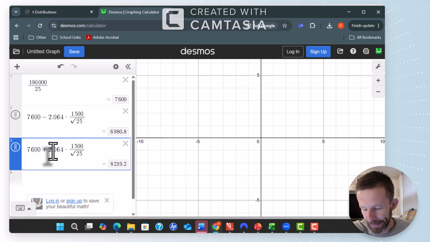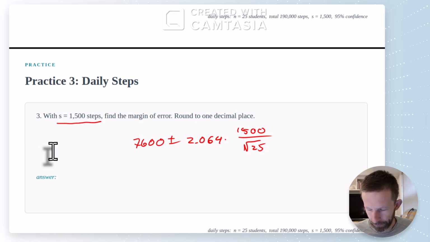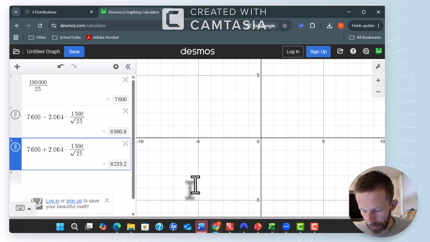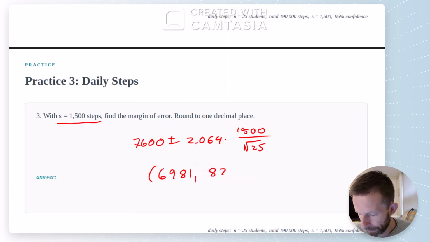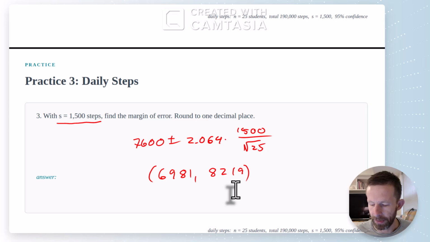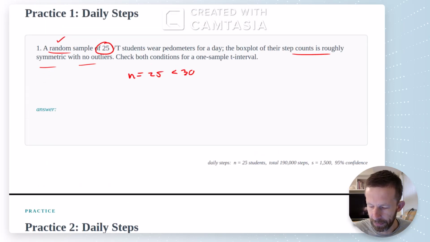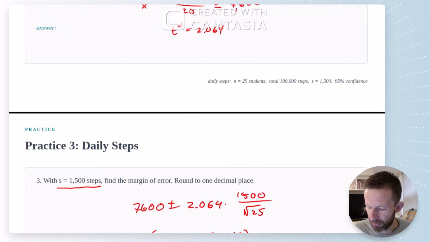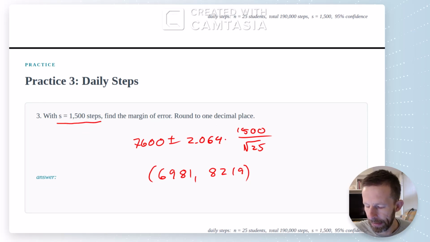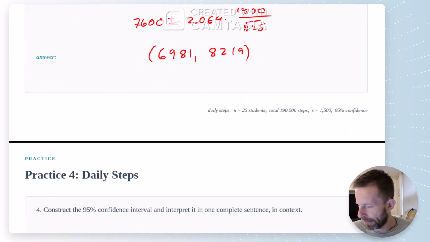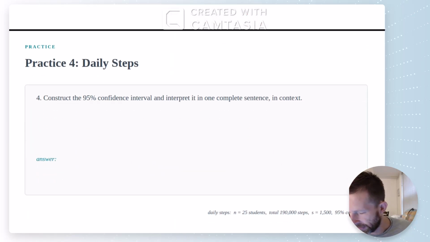So between 6981 and 8219. So we are 95% confident that the average amount of steps for all students at Virginia Tech is between 6981 and 8219. That would be my calculation and my interpretation.